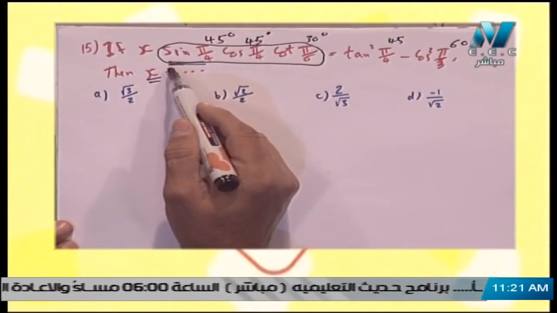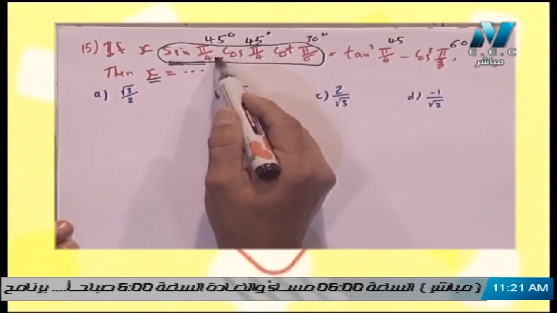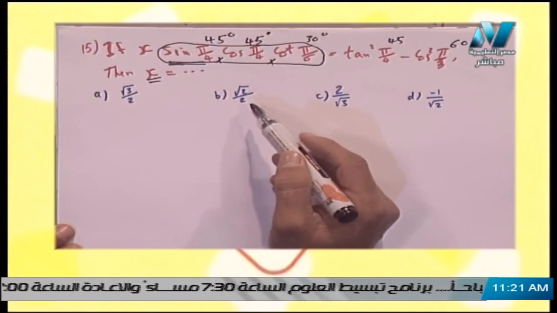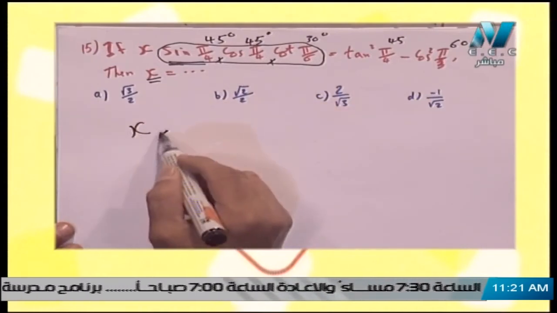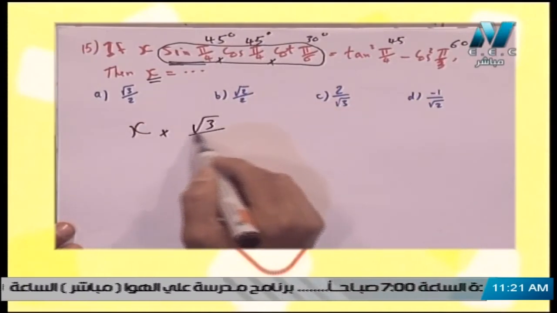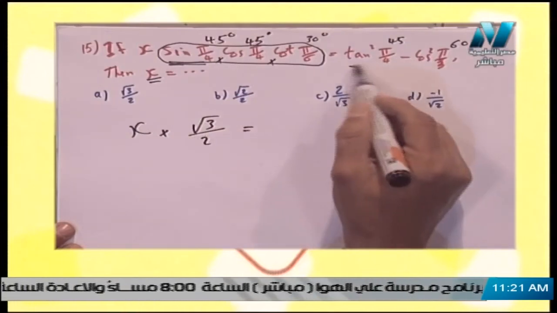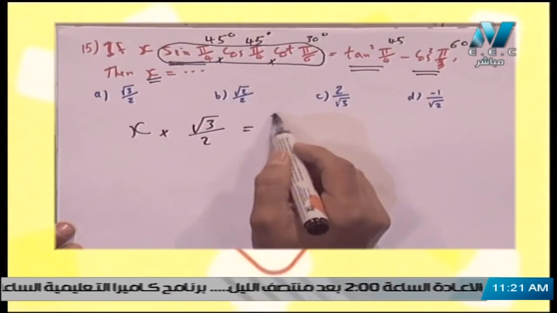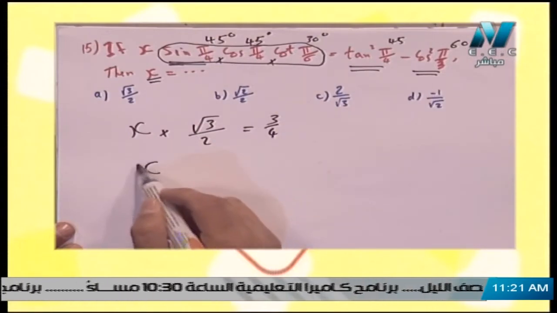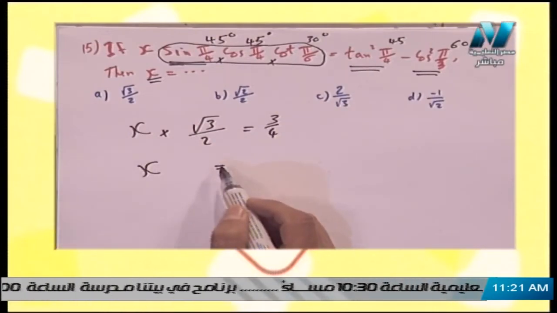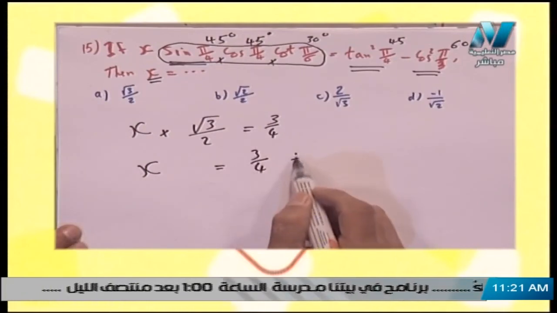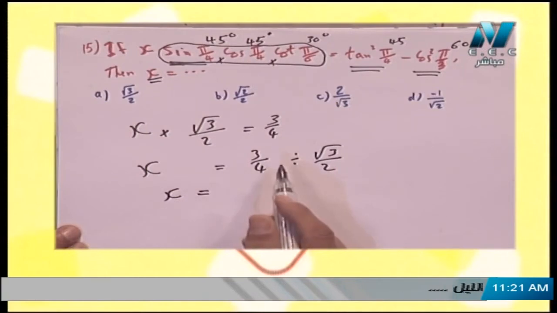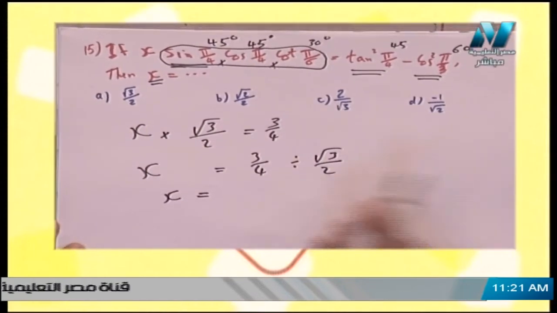You can find sine pi over 4 multiplied by cosine pi over 4 multiplied by cotan pi over 6. The answer will be √3/2, and if you solve this part it will also be 3/4, and x equals 3/4 divided by √3/2, then x at the end equals √3/2.